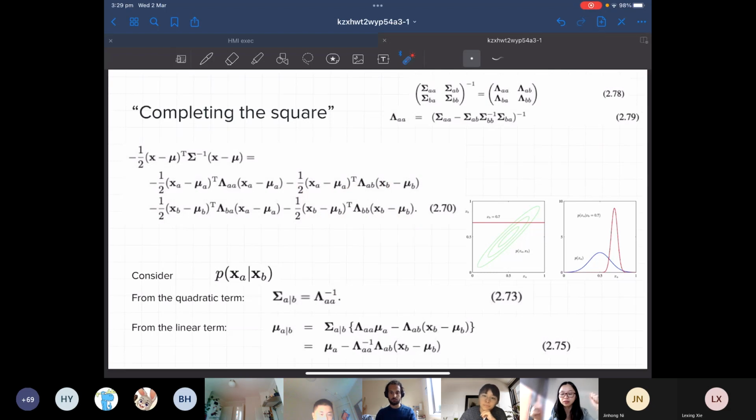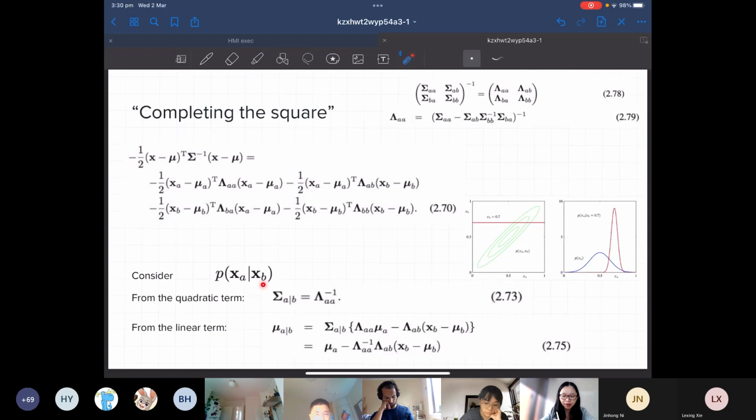These are just expanding out with the matrix lambda. If we were using sigma, we would be writing sigma inverse everywhere, and it's kind of messy because we just saw the Schur complement. So just writing them as lambdas here is a lot simpler looking.